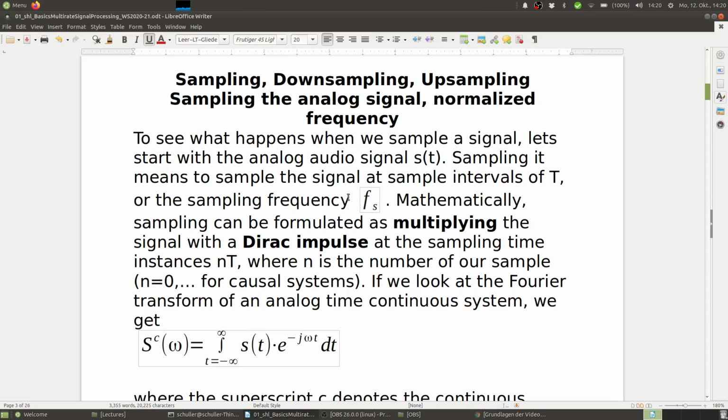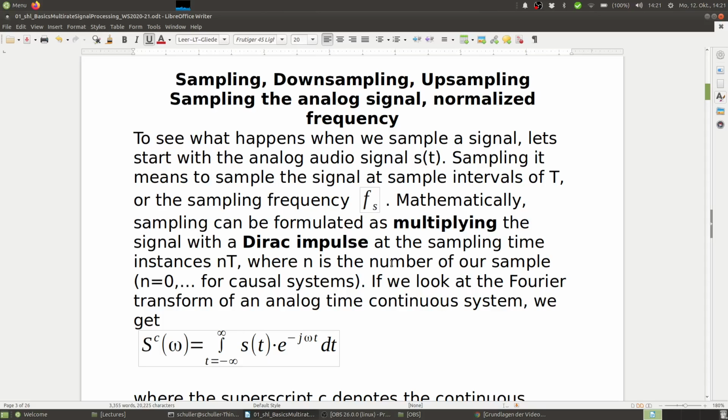So this Fs, the sampling frequency, would be either 48,000 in my example, or 44,100 if it comes from the audio CD. So mathematically, sampling can be formulated as multiplying the analog signal with a Dirac impulse at the sampling time instances n times T. T is given by the sampling frequency, and lowercase n is an integer: 0, 1, 2, 3.